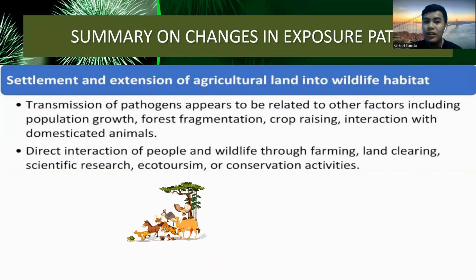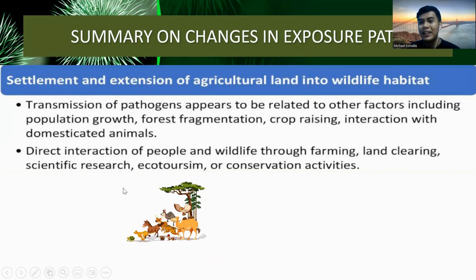We do research, we do agriculture to rear crops in order to suffice our needs. So because of that, there is now direct interaction between human and animals. So what are the different avenues from which humans can have direct interaction with wildlife animals? So we have, again, farming, land clearing, scientific research, even ecotourism, right?